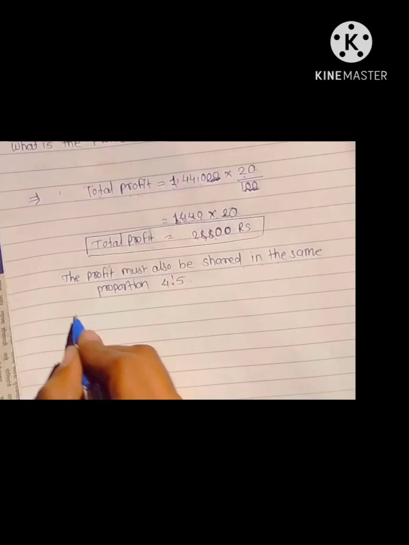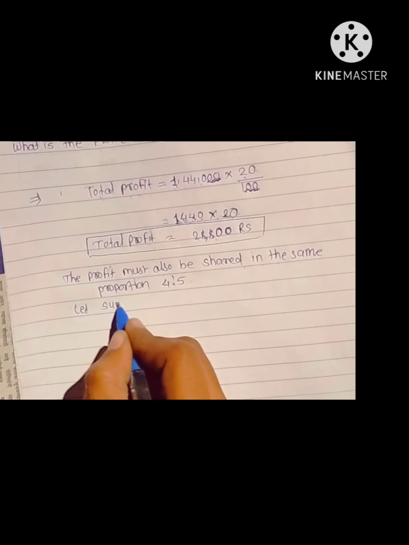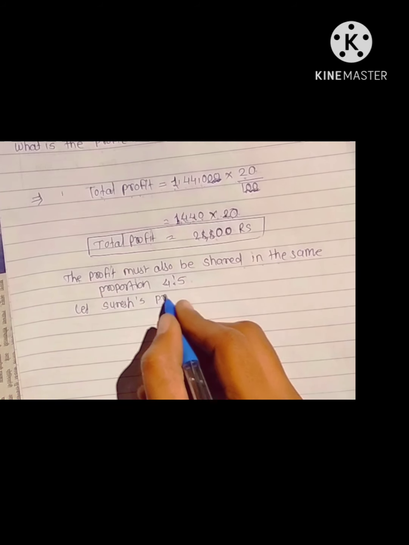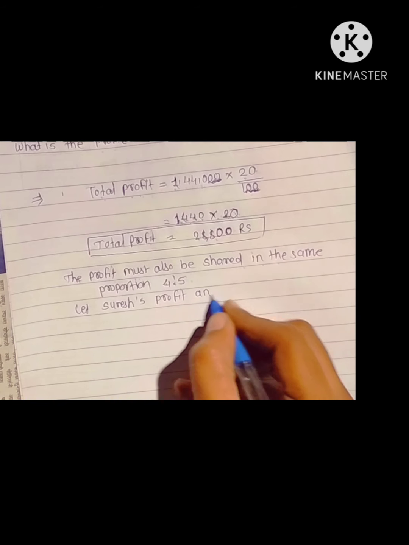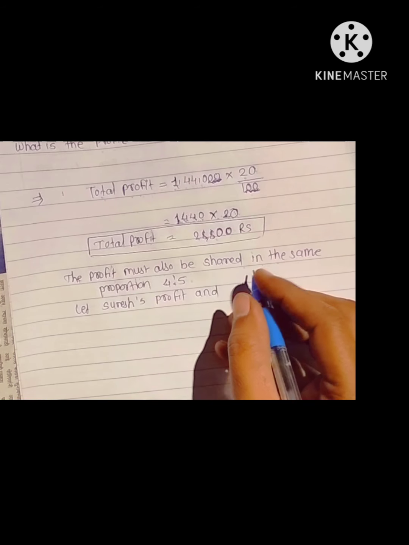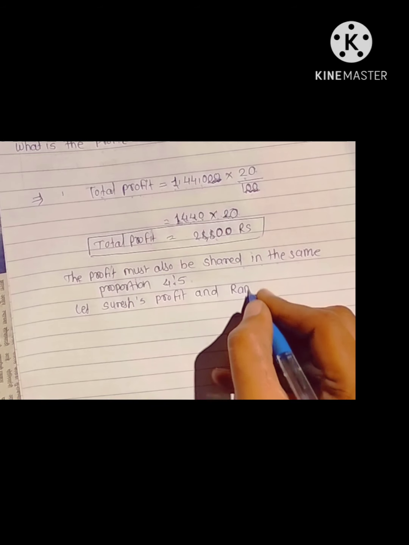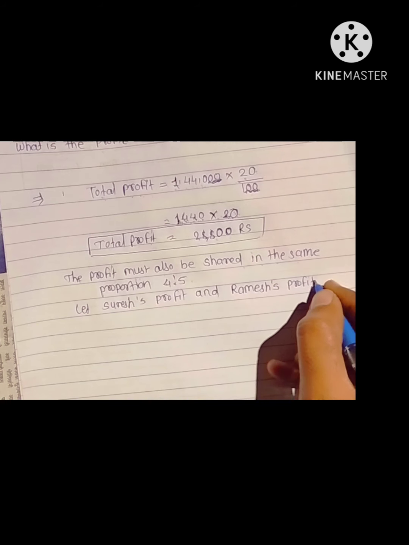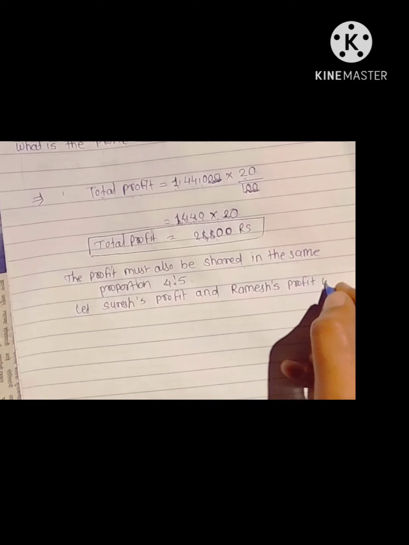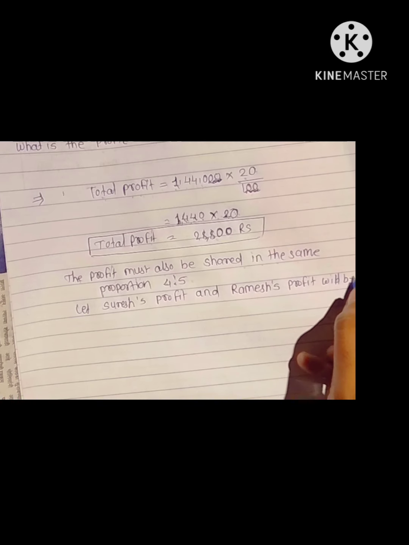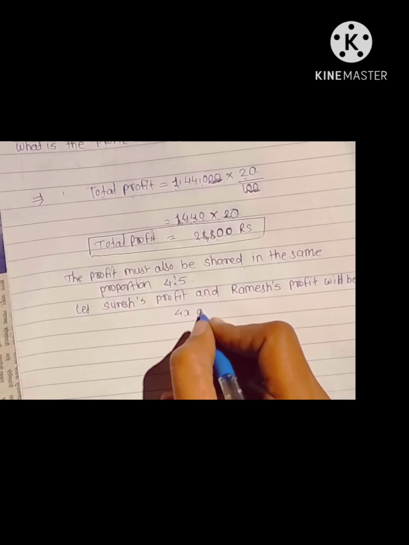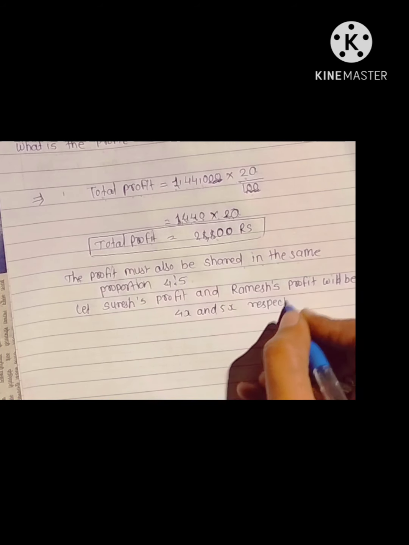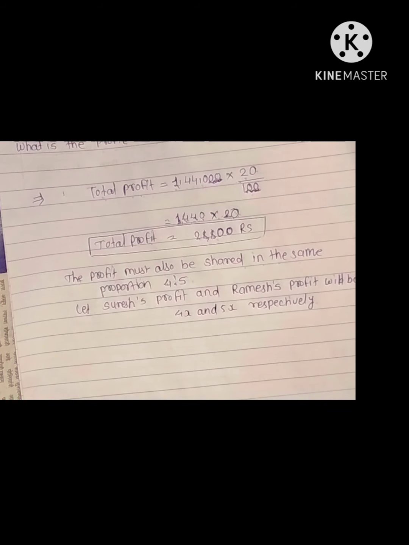Let Suresh's profit and Ramesh's profit be 4x and 5x respectively.